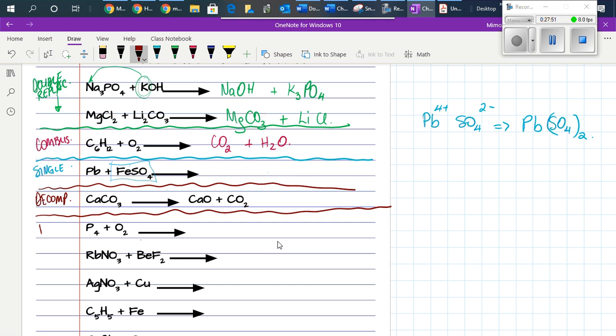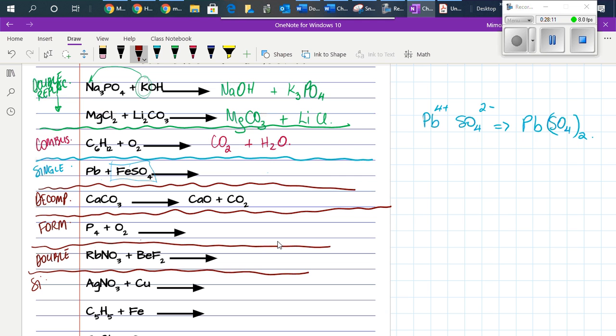P4 plus O2, formation. Good. Formation. What is the other one? What type of double replacement? And what is the next one? Single replacement. Yeah. And what is the other one?